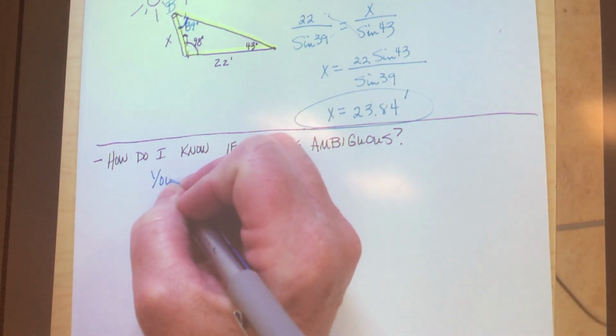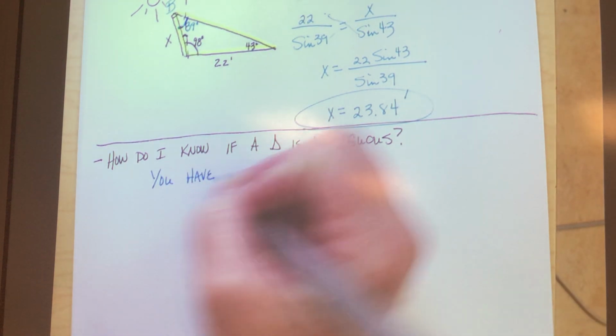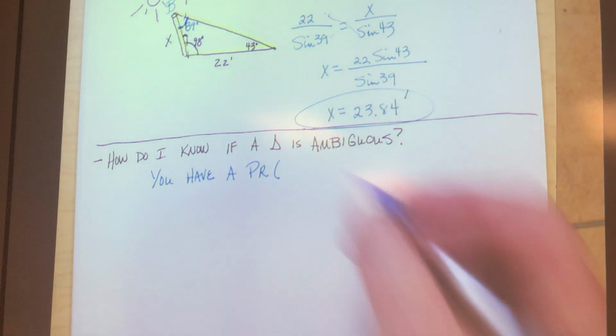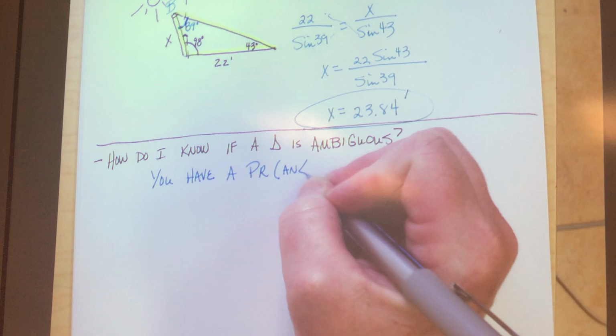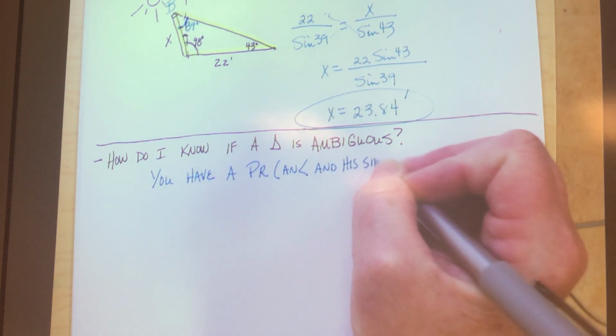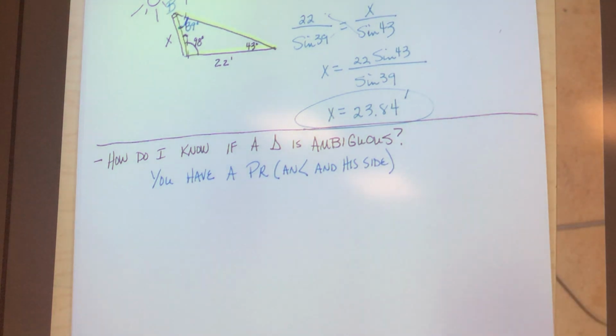If you have a pair, now what do I mean when I say a pair? An angle and his side. That means the side opposite him, like angle A and side A, angle B and side B, angle C and side C, angle Q and side Q. Okay, that's a pair.